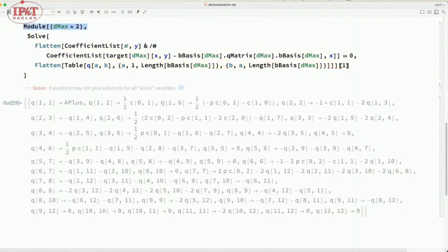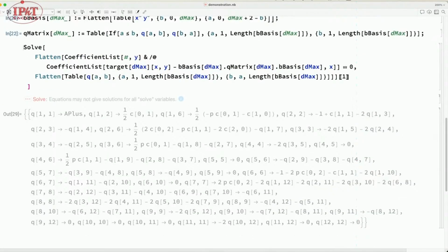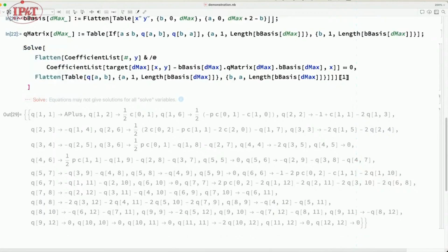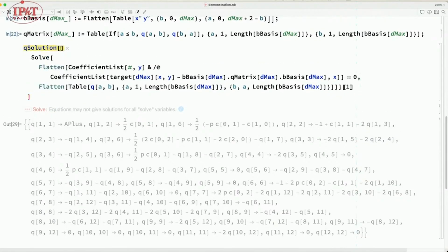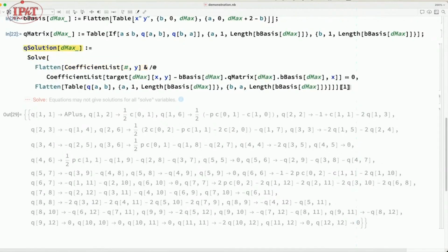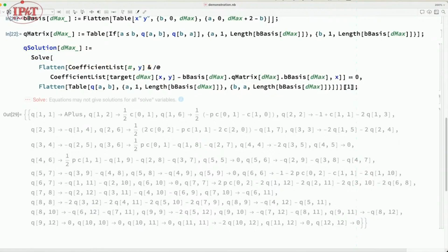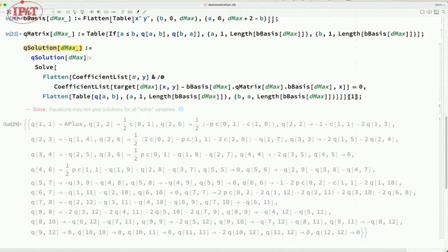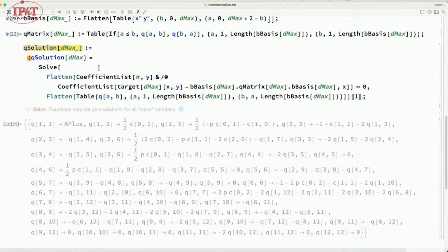Here I extract, let's say, Q solution D max. Okay, and well, I don't think it's going to take too long, but just in case it does, let's save the solution every time we compute it, so we don't have to recompute the solution every time.